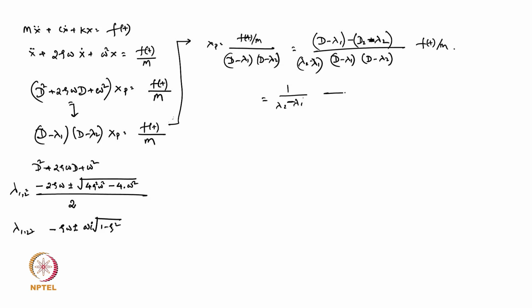Then here we will have 1 by lambda 2 minus D by lambda 1 of f of t by m.